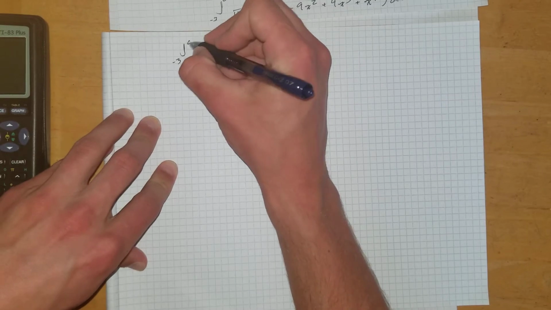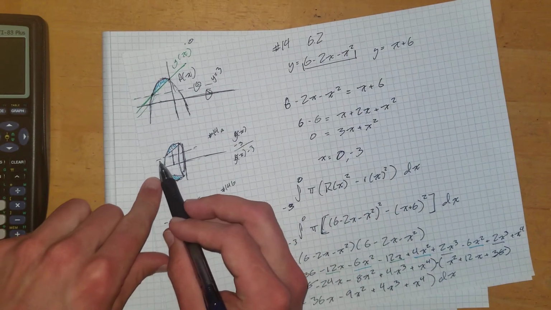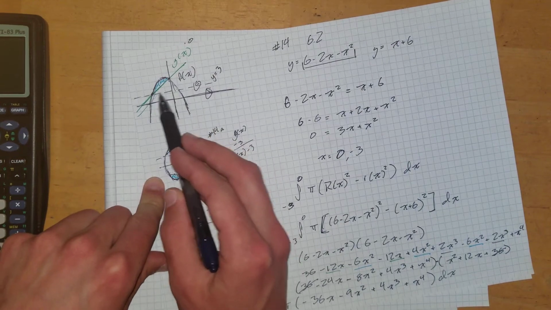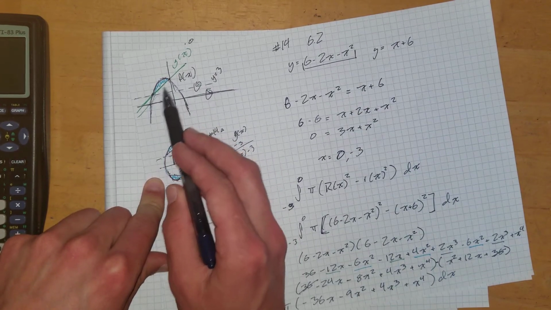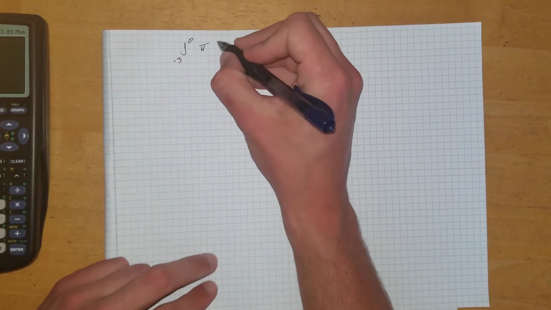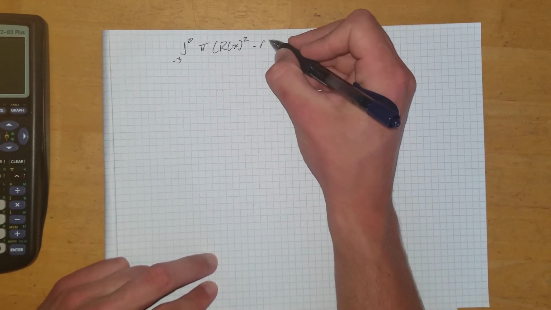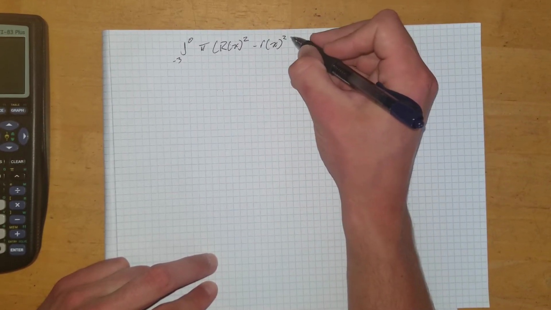The interval is still negative 3 to 0, because this line coming through here does not interfere with where our endpoints are going to be. They're still going to be the same endpoints. The only difference is our big R of x and our little r of x. Those are the things that are going to change here.